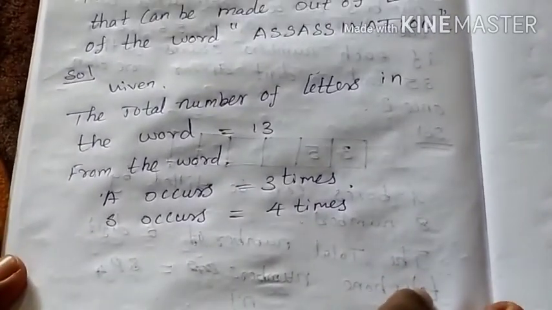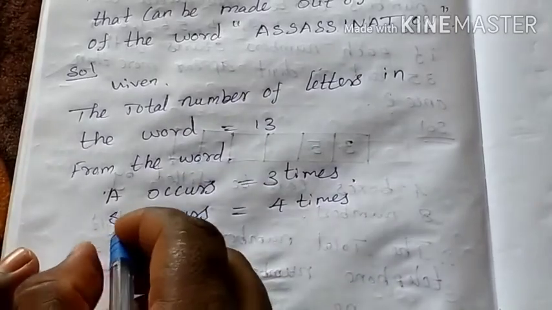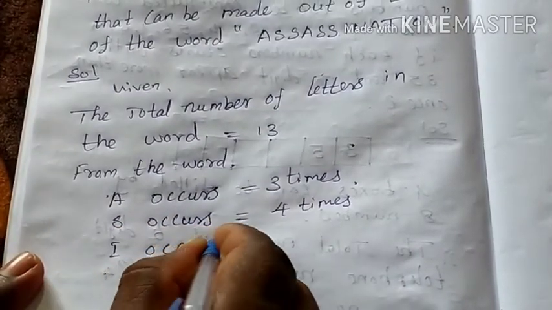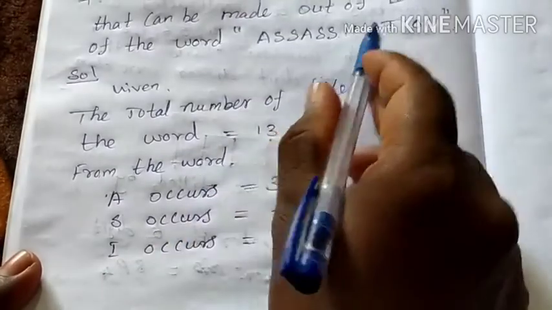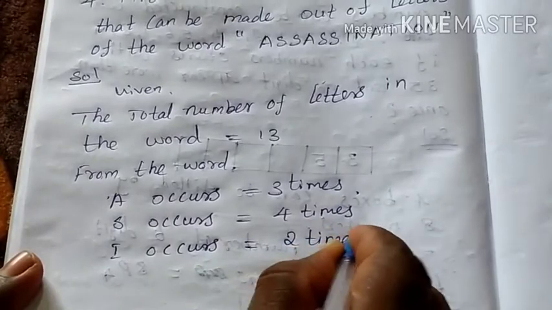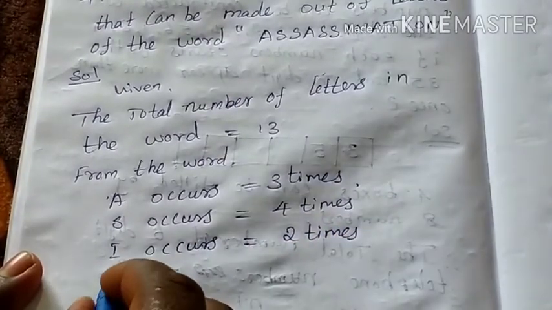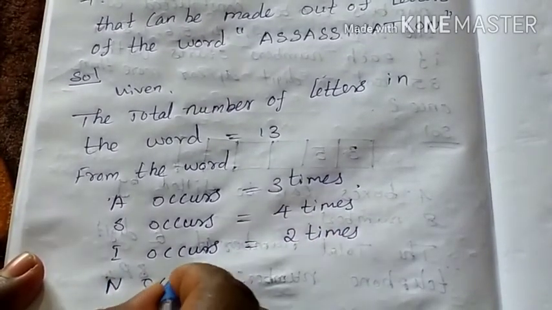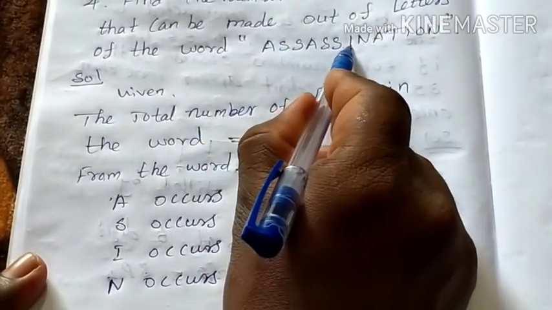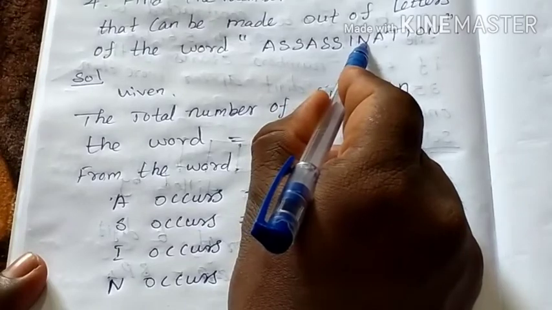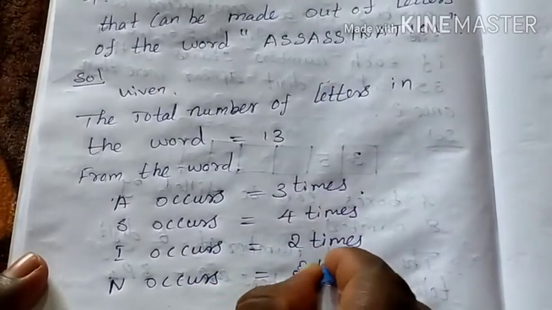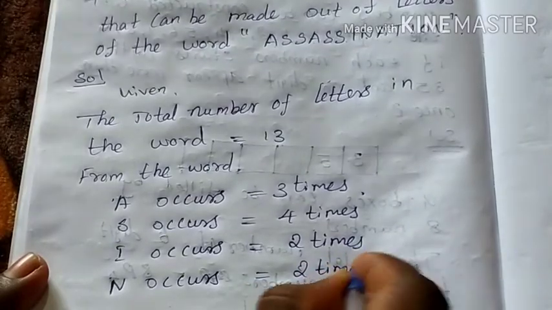Okay, then I occurs 2 times. Then N occurs 1, 2 times. This is also 2 times.